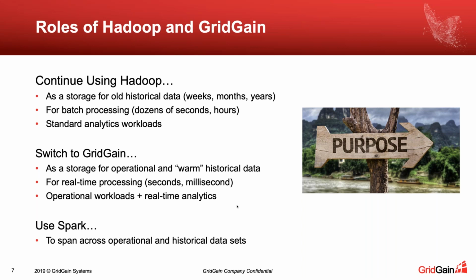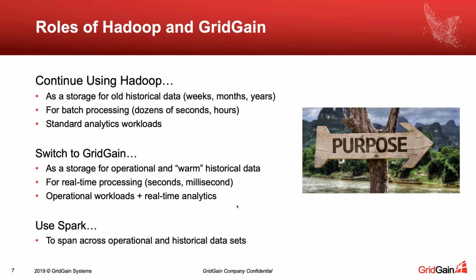For instance, transactions which are being executed for different bank accounts, or the history of transactions for the last 2 or 3 days, etc. Then, if it's fine to complete your business operations in seconds, minutes, or hours, just continue using Hadoop. Hadoop is perfectly well designed for standard analytical workloads. When it comes to GridGain, here we're talking about seconds and milliseconds in relation to real-time analytics.